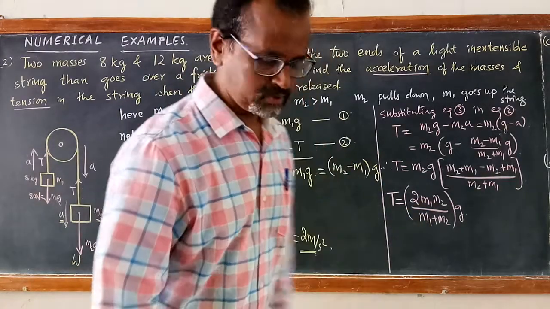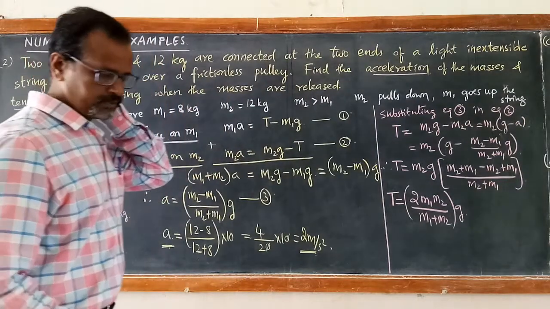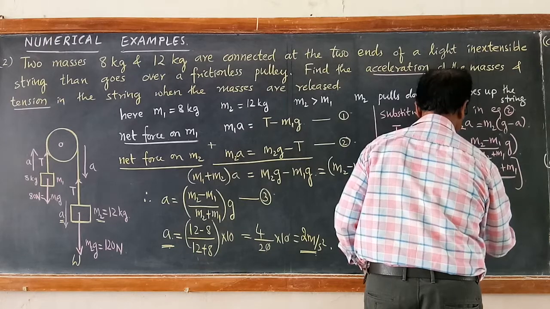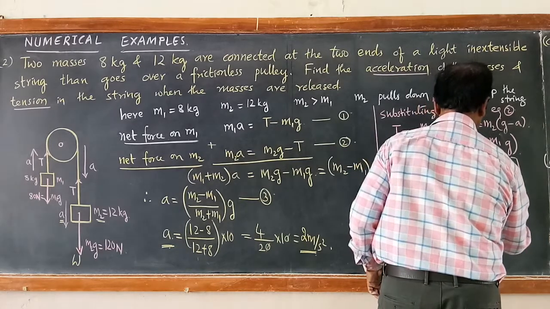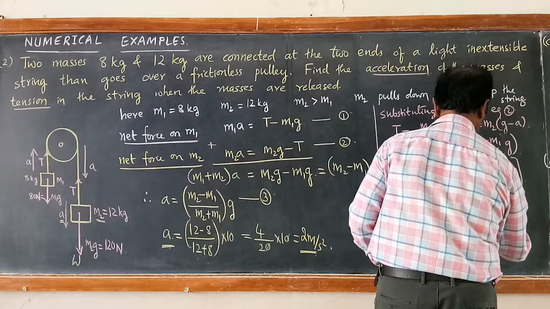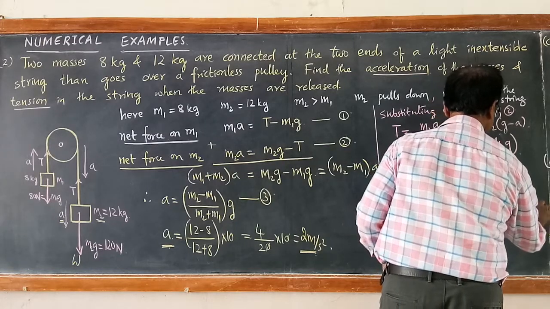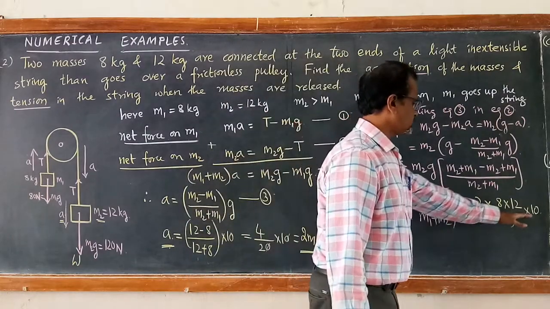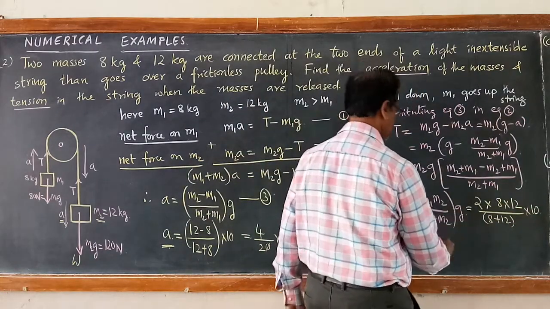So now if we just substitute the value of M1 and M2, we get the result. So 2 into 8 into 12 divided by 8 plus 12 into 10. So 12 plus 8 becomes 20. So 0 cancels, 2 also cancels.